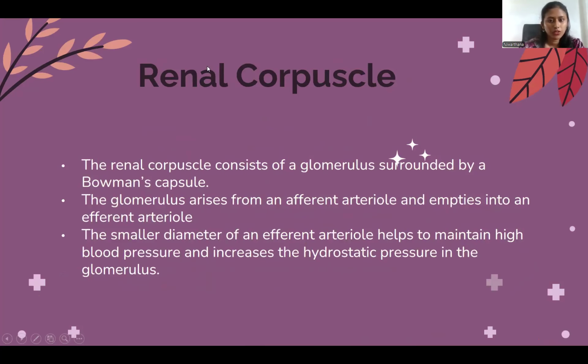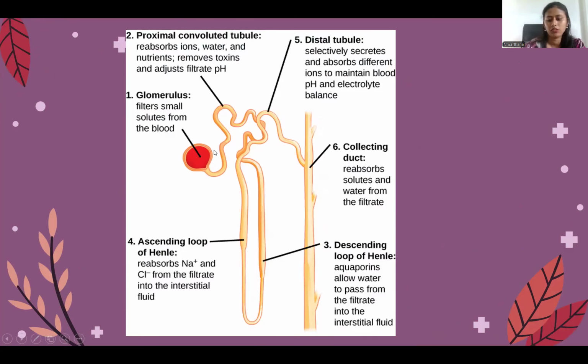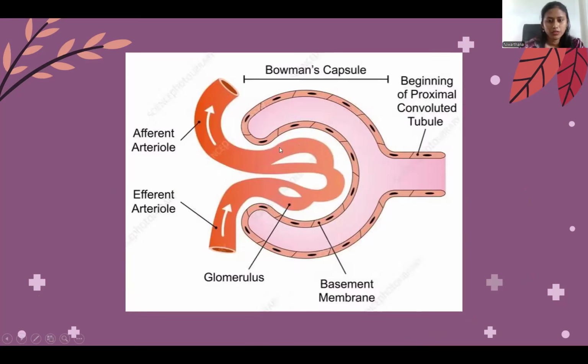We are going to talk about the renal corpuscle. The renal corpuscle consists of a glomerulus surrounded by a Bowman capsule.